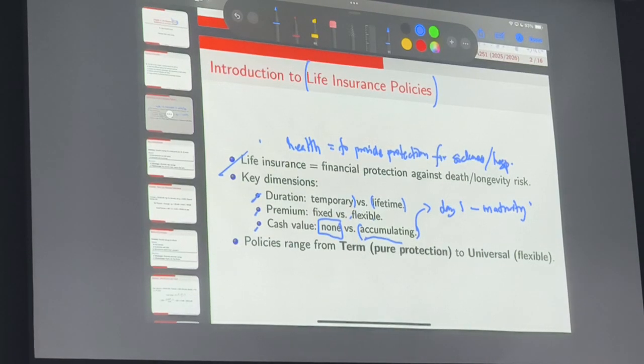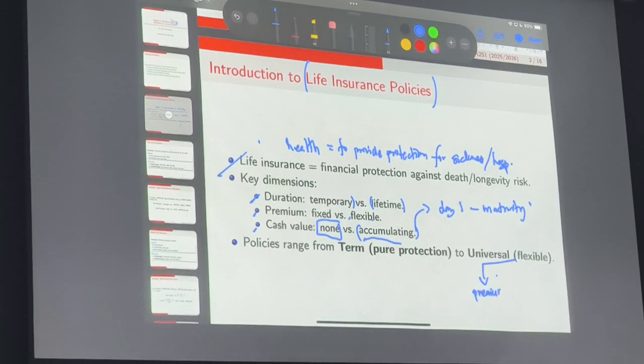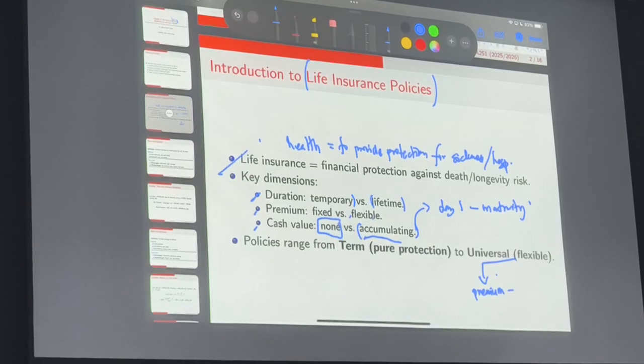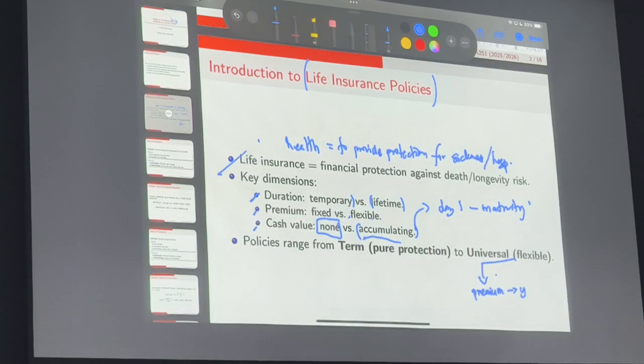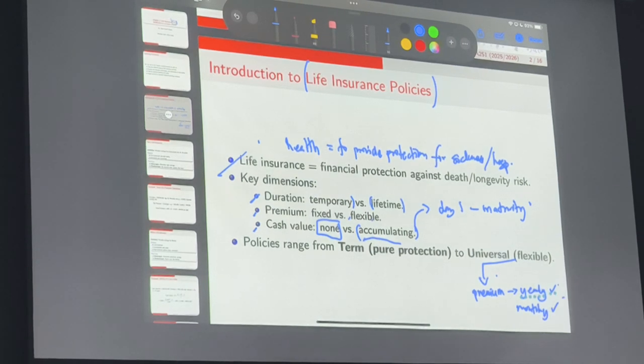So dia flexible daripada mana? Dia flexible in terms of premium. Okay, how much that you want to pay for the policy, berapa banyak you nak bayar. Contohnya, let's say you have big cash, so you want to pay yearly, can. You want to pay monthly, boleh juga, possible juga.